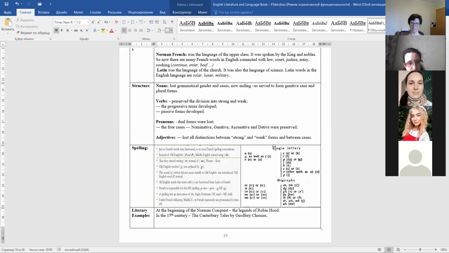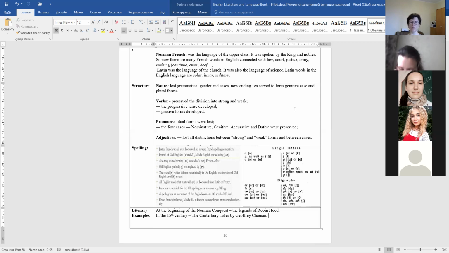Verbs preserved the division into strong and weak, as the progressive tense developed, passive forms developed. Pronouns, dual forms were lost. The four cases, nominative, genitive, accusative, and dative were preserved. Adjectives lost all distinctions between strong and weak forms and between cases.